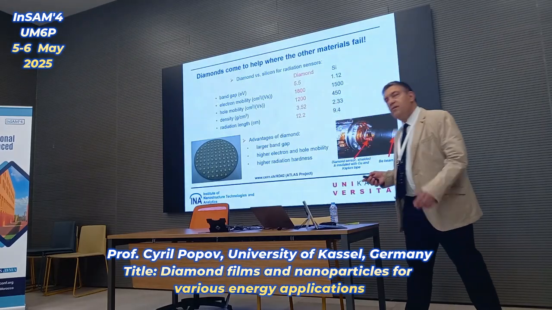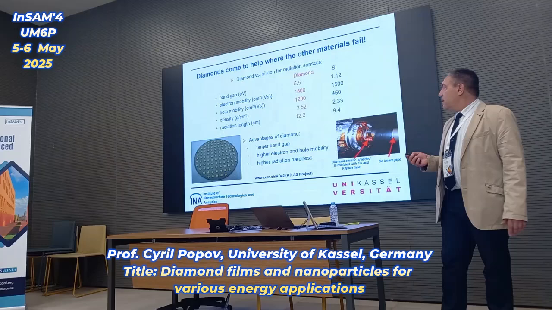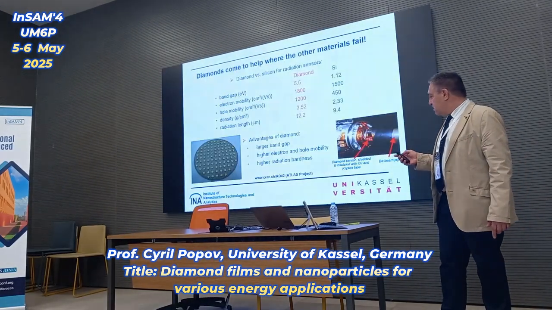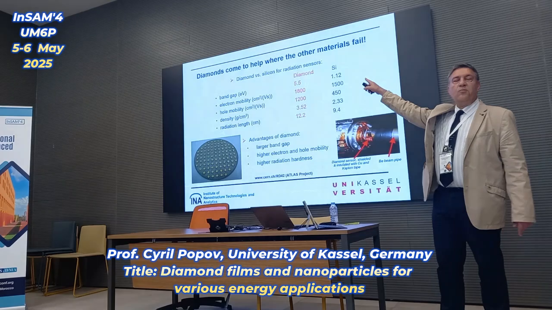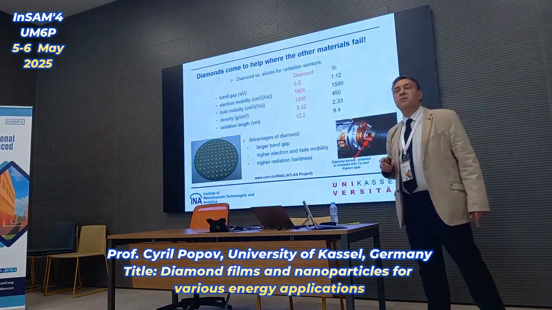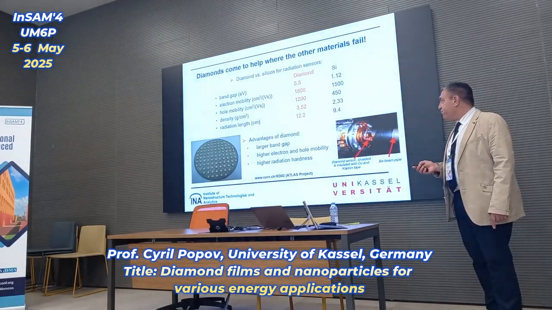So this was one example, an old material, but solving your problem. So this is also a citation from the report. Diamonds come to help where the other materials fail. This is a good take-home message.